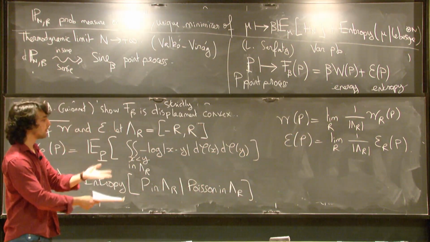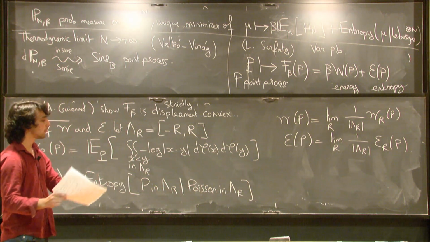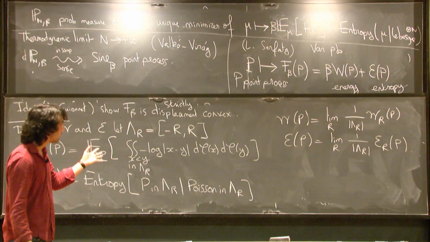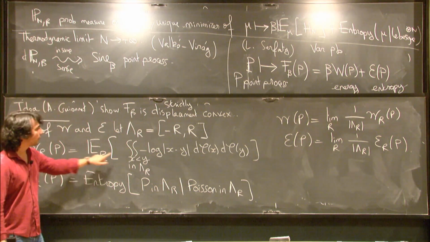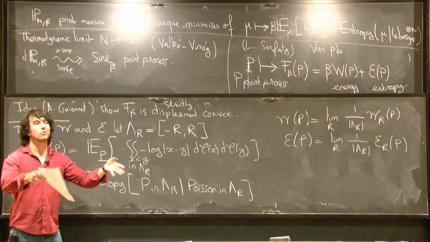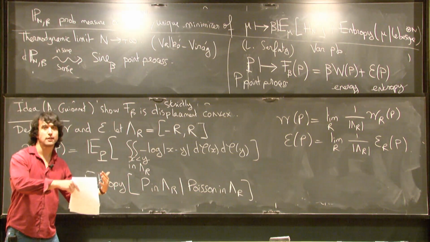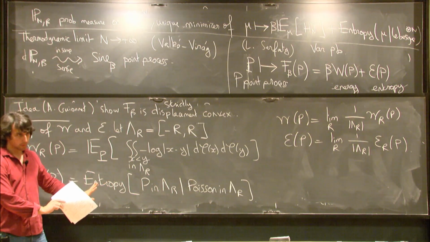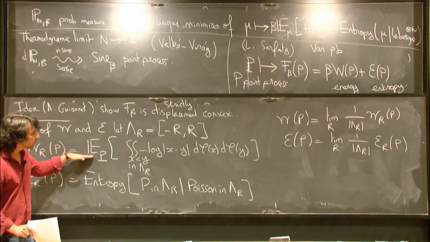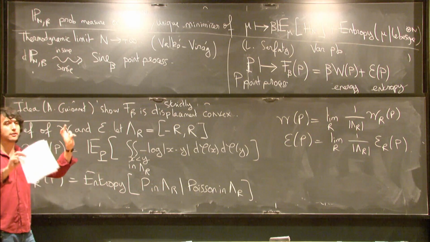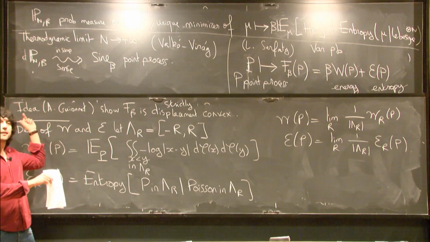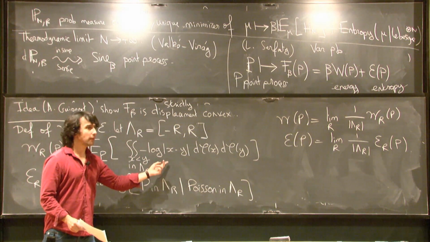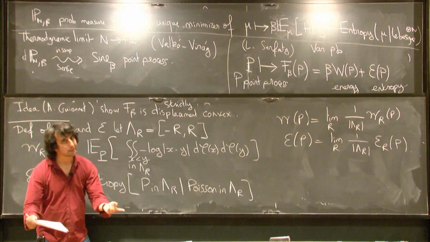For that, I would like to prove that it's some kind of displacement convex. Once again, let me go back to why is there hope? Well, the entropy is always convex. It's convex in the usual sense. It's convex in the displacement convex sense. So that should not cause any trouble. This term is of the interaction type. It's type B in my classification at the beginning. And the potential is minus log, which is convex on R plus.